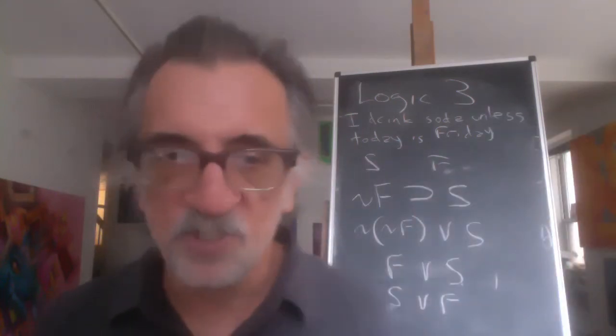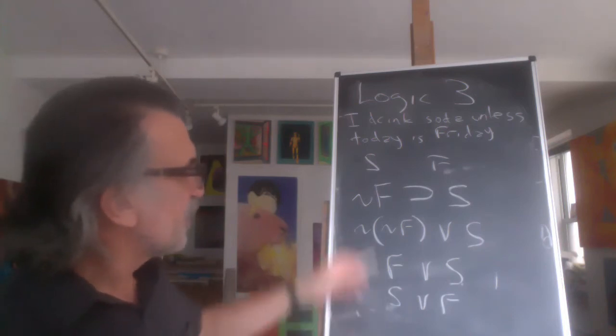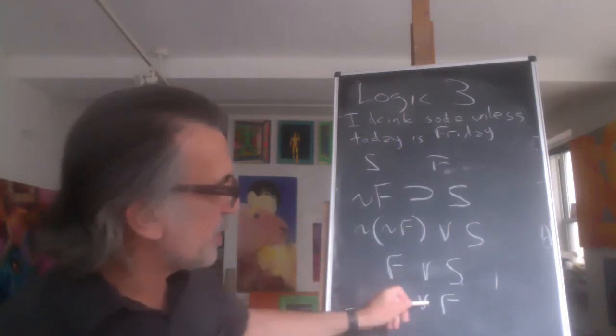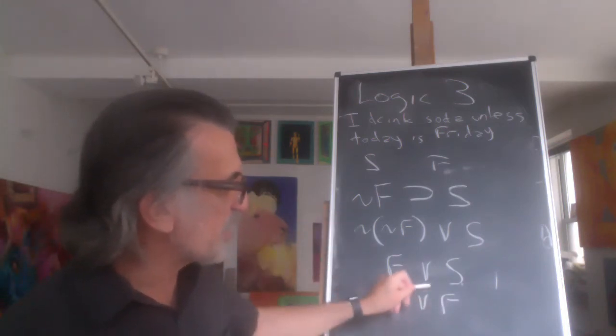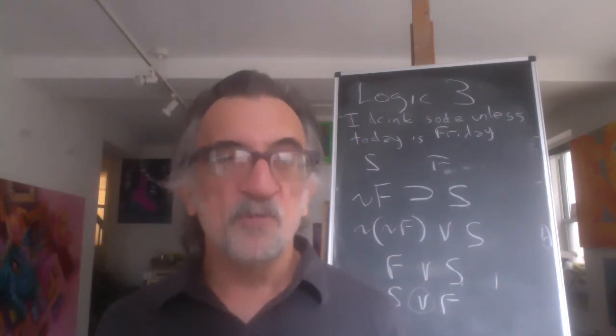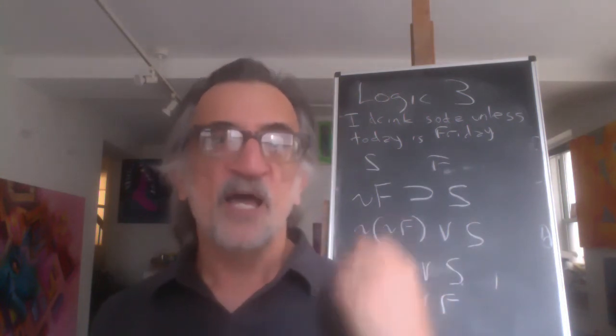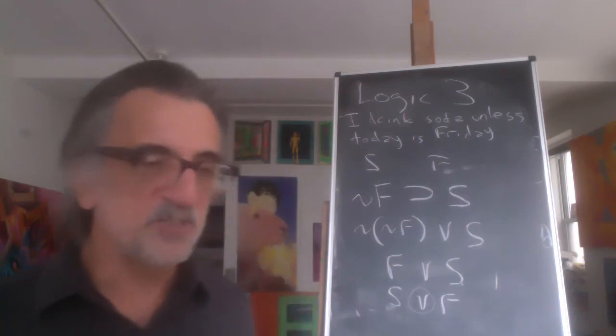Disjunction and conjunction are commutative. So I drink soda or today is Friday. And the more interesting looking conjunction unless turns out to have the same logical value and sense as the familiar disjunction or.